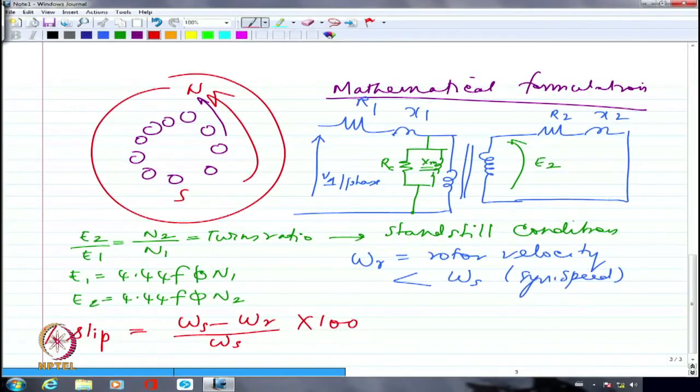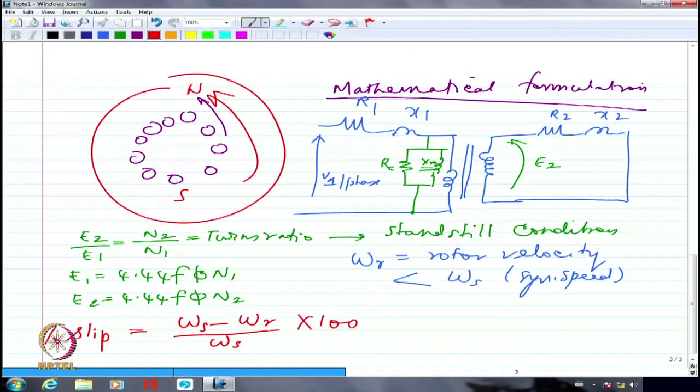Right? When the machine started, or was just in standstill condition, the frequency induced in the rotor circuit is the same as the stator circuit frequency, because it is like a transformer. The rate of change of flux is similar. But the moment the rotor starts rotating, the relative velocity is going to decline.